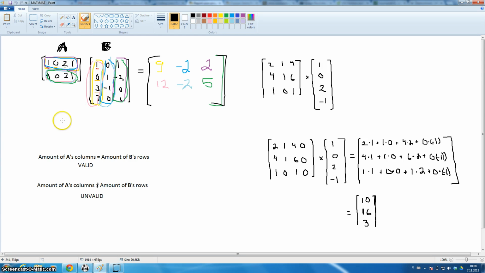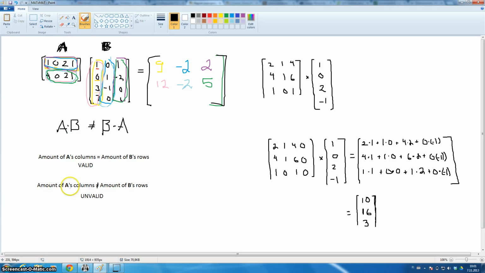So that's why A times B isn't the same as B times A. It doesn't behave like numbers, because it could only be so with square matrices.